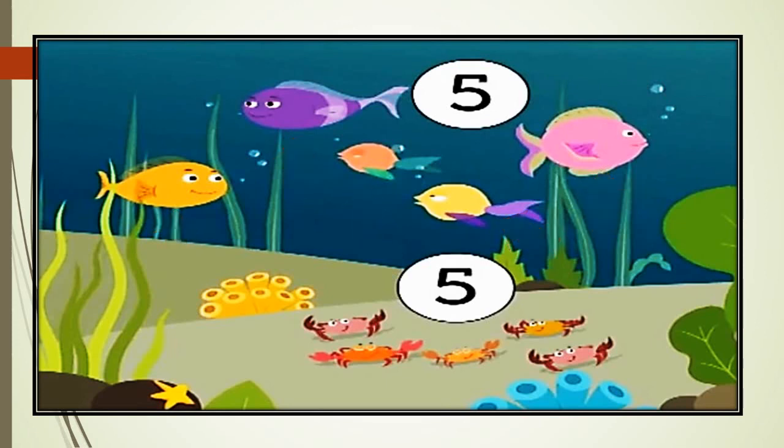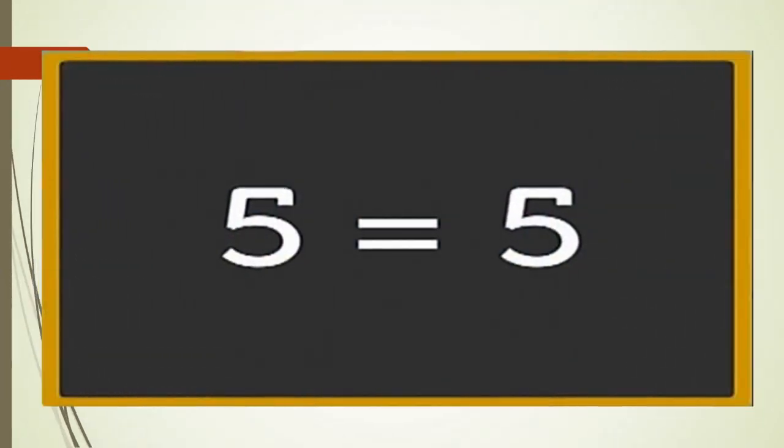There are 5 fish in the pond. There are also 5 crabs in the pond. So we can say that there are equal number of fish and crabs in the pond. We read and write this as 5 is equal to 5.